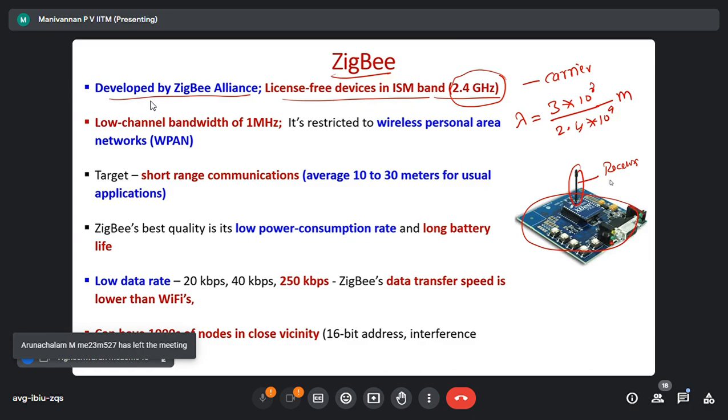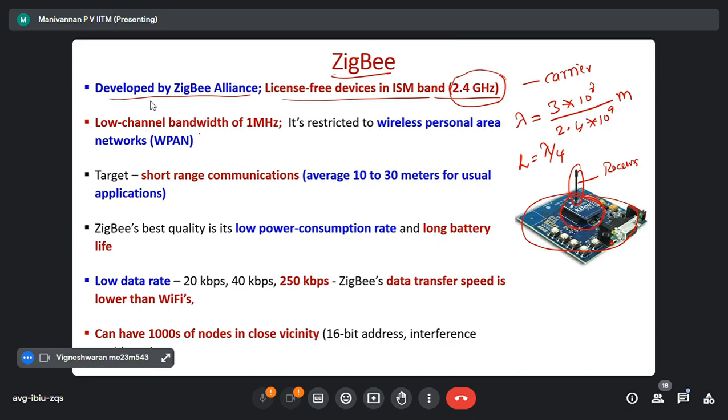It is a conducting wire connected to the amplifier, demodulator, everything inside one single IC. So the antenna length equals lambda by 4, which you can calculate. It will be a few centimeters, and that is sufficient for receiving Zigbee.